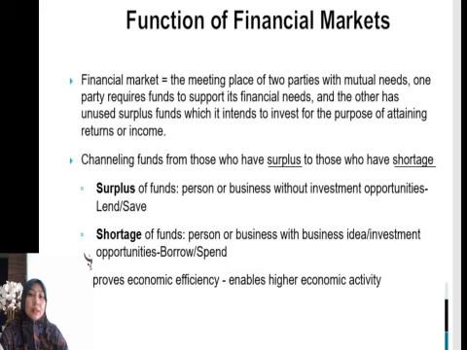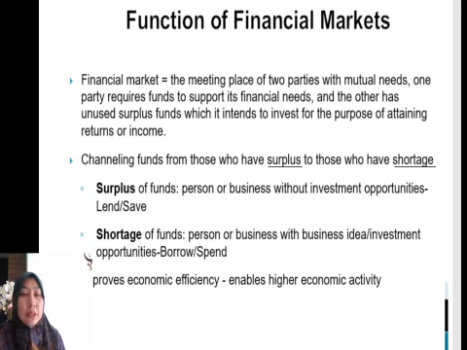Okay. So the surplus of funds basically comes from a person or business who don't have investment opportunities. Basically, they will save money in the bank. Okay, the shortage of funds is a person or business with a business idea or investment opportunities, who will borrow and spend money.